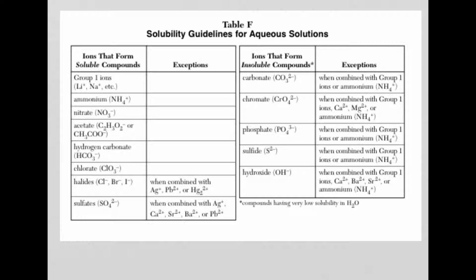There's a reference table. Here it is. And I don't like this table, but we have to use it. And we're looking for solubility of barium, barium ion specifically, when it's bonded with some of the nonmetals, and we'll see what happens. We're looking for most soluble. So we're really looking for soluble compounds.